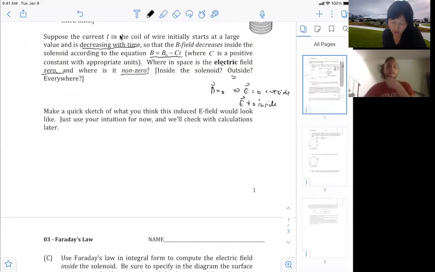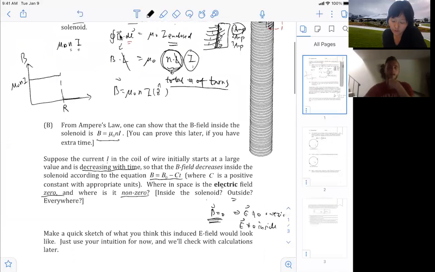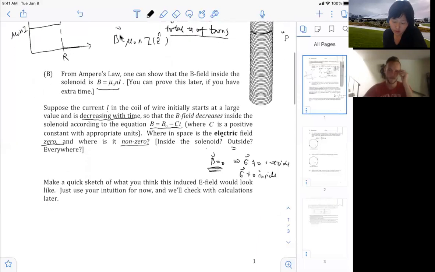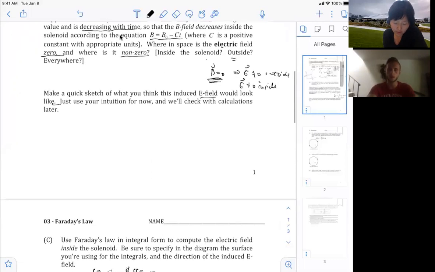But we have already talked about it: even if B is 0 outside, E is still non-zero outside and inside, because your B is changing. It's like you're communicating with a point outside through a change in here. So that's the magnetic induction. You can make your prediction of what your E might look like, but we're just going to go ahead with our calculation. Okay, so let's do the calculation.